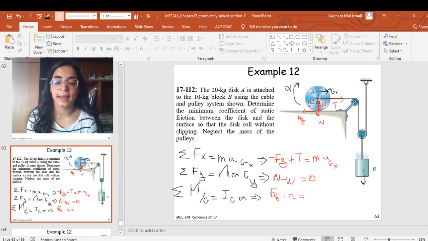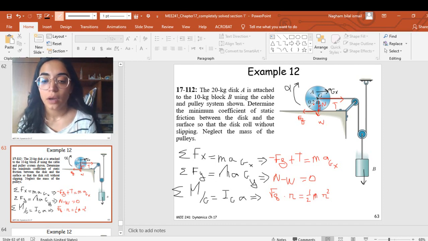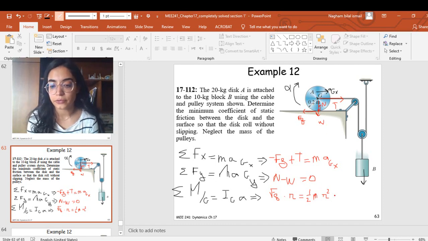Now what is I_G? Since this is a disk, it's half m r squared, and of course this r is this radius 0.2, times alpha.